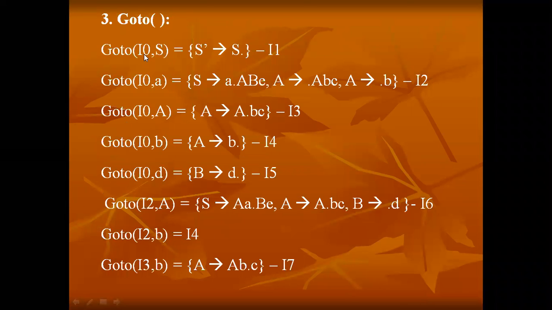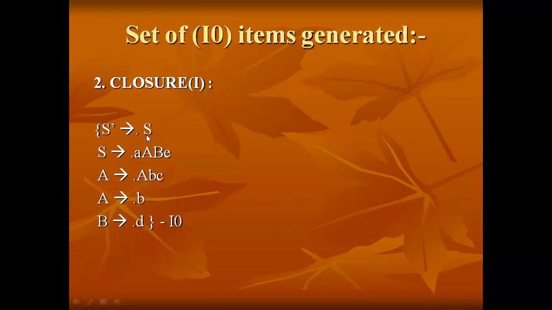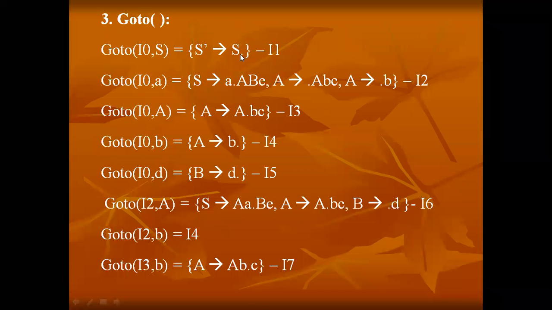When I call this function goto of I naught comma S, after processing this symbol S, what will happen? Initially the dot is before the S, right? And after calling the goto function, the dot moves forward past the S. That means the end of the production rule is reached, because there is nothing more left on the right hand side.